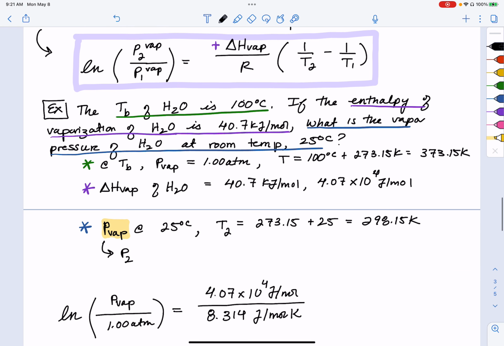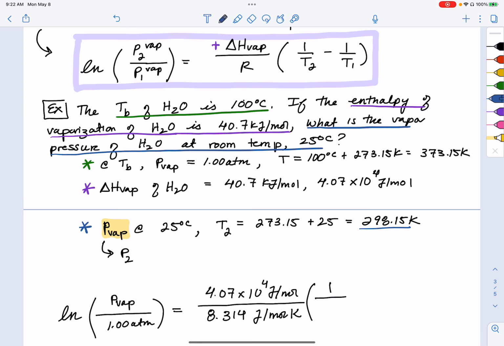So far we have taken care of the natural log of the fraction of our vapor pressures, or proportion of vapor pressures. That's equal to the heat of vaporization over R times now 1 over T2. So the final temperature is our room temperature, right?